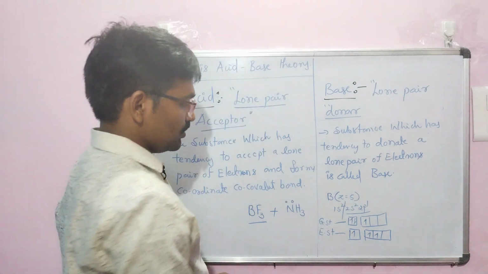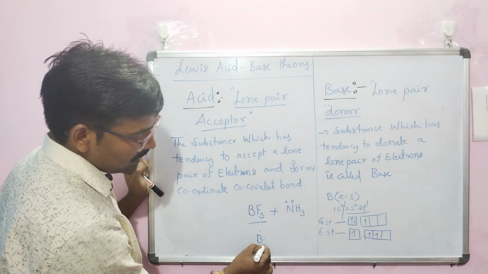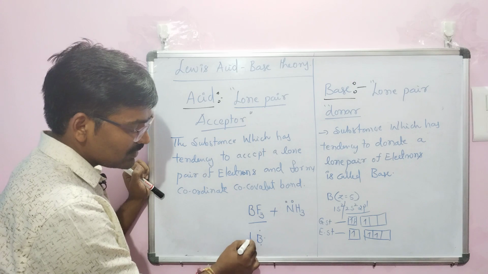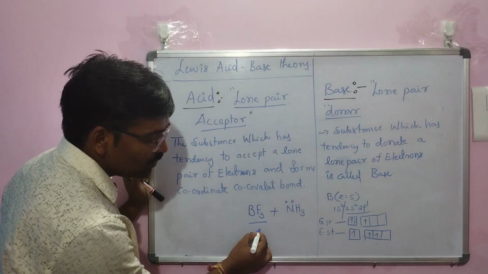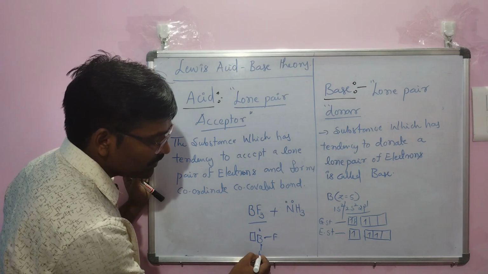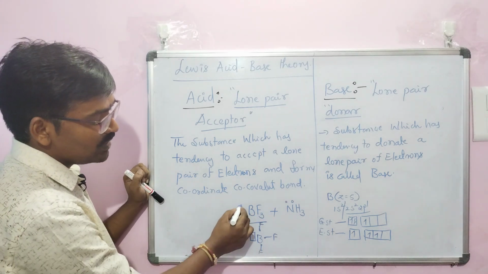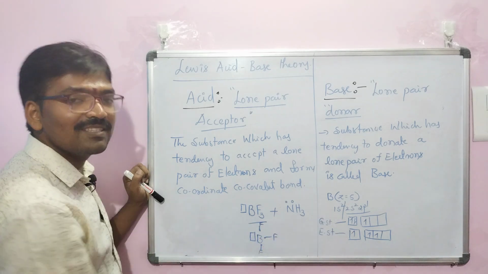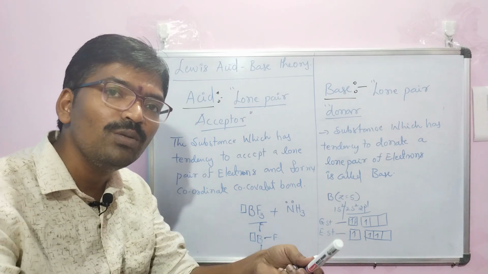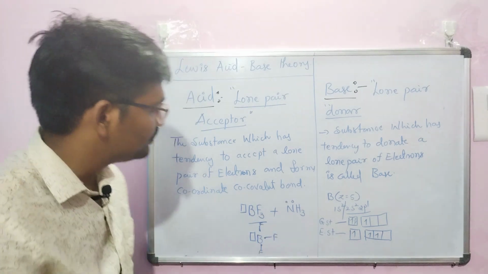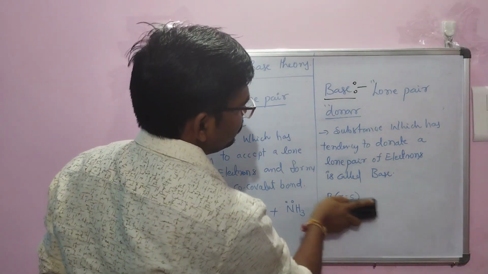These unpaired electrons are involved in bond formation with fluorine; that is why we call it BF3. So boron contains a vacant orbital, which easily accepts a lone pair of electrons to form a coordinate covalent bond.